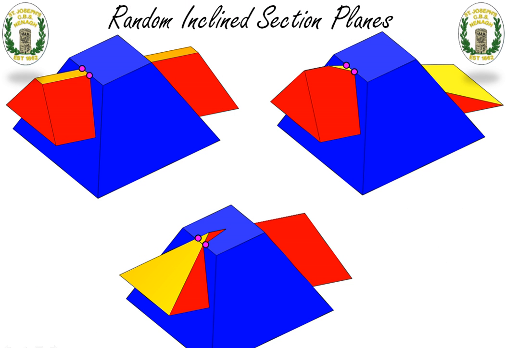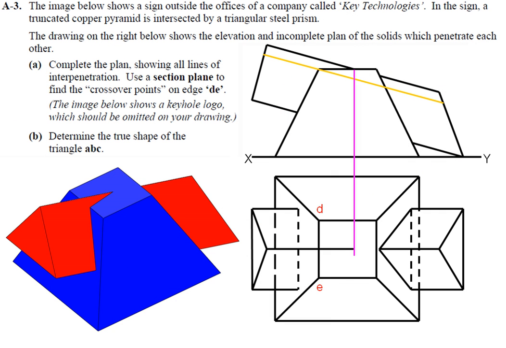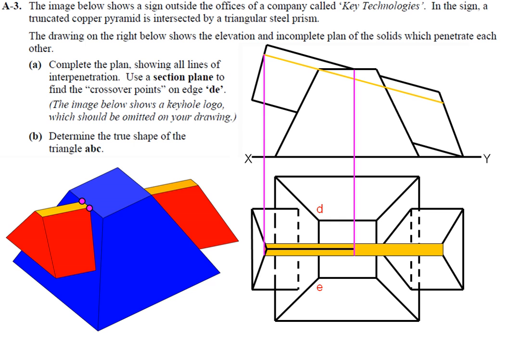We'll have a look here at random inclined section planes. So we'll take a cut across here, draw that then in our plan, and that's also going to give us our two intersection points.